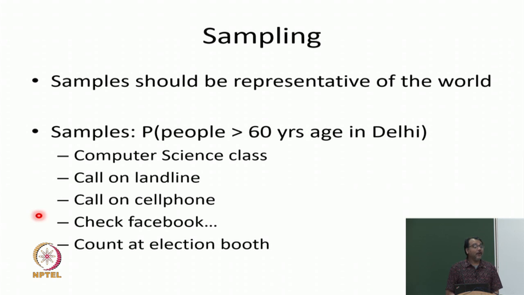Okay. Or you can do a count at election booth. Whatever kind of sample you choose, it is going to be biased. That is why all these people, do you remember when Arvind Kejriwal government was not formed and people were doing these exit polls? I don't know if you remember, this is 5 years ago, almost 5.